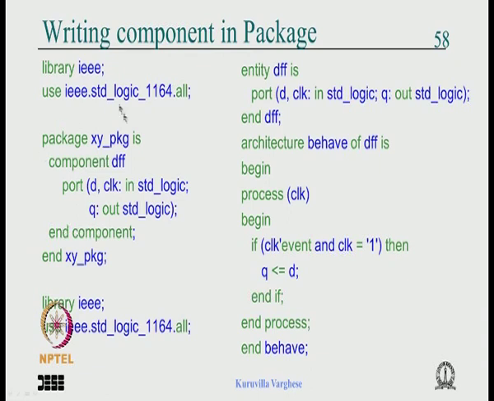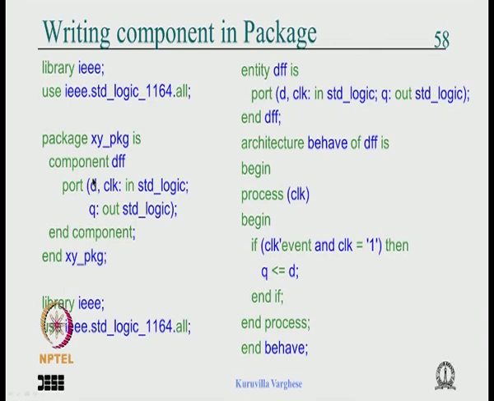On top of that we write a package body which says package, some name, is, and within that you write the component declaration which was earlier in the architecture declaration region of the top level entity wherever you used this particular component, but that is brought in here now.